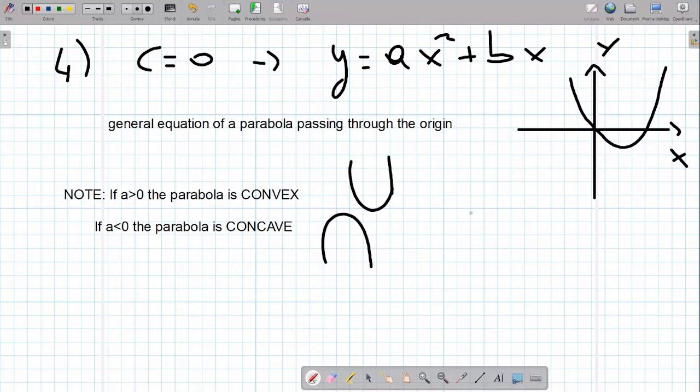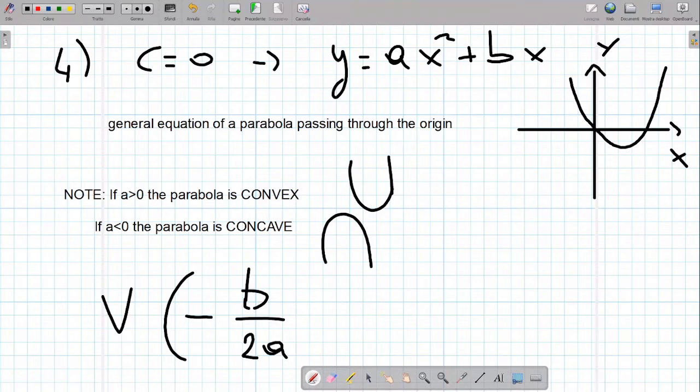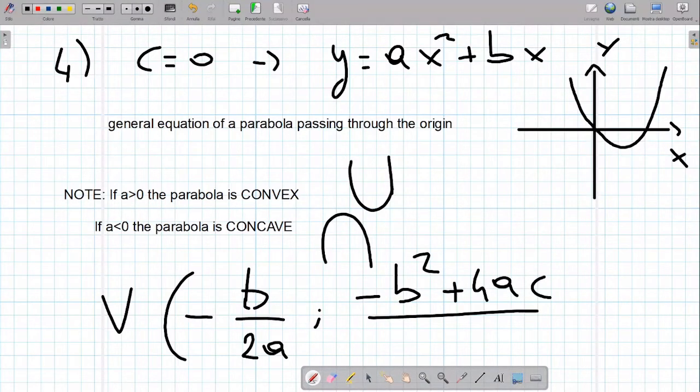Okay, the last thing to be highlighted for the parabola is the formula to calculate the vertex. So we can just say that the vertex V, the coordinates can be obtained by doing the x with the formula minus b divided by 2a, and y equal to minus b power 2 plus 4ac divided by 4a.